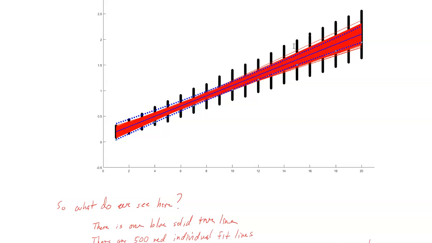So that's why the envelope of red points, red lines, is a little wider out here than it is out here. But in general, we still see that shape agrees with our confidence bands, right? It's a little wider here, gets a little narrower towards the middle, and then a little wider out here.